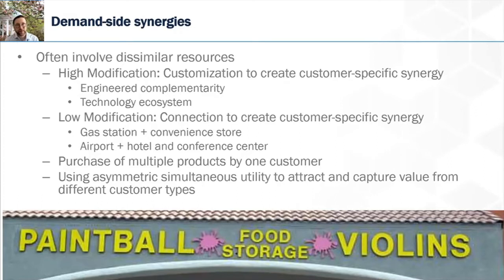Another dissimilar resource synergy with low modification is the connection synergy, and this also creates customer-specific synergies. These examples can be very mundane, thinking about the combination of a gas station and a convenience store. You see these quite often in many states, and essentially the value being created there is for those customers that are stopping to buy gas.